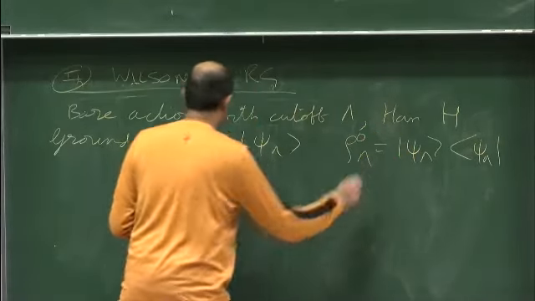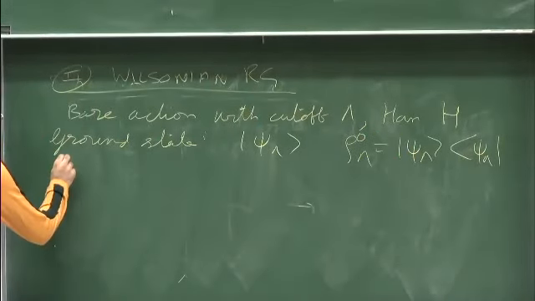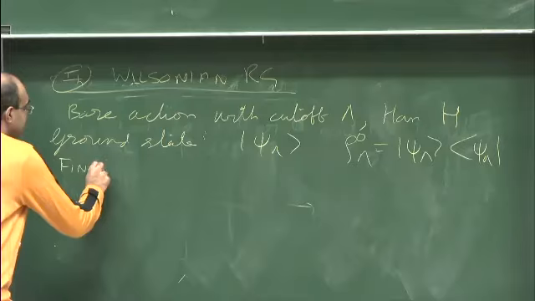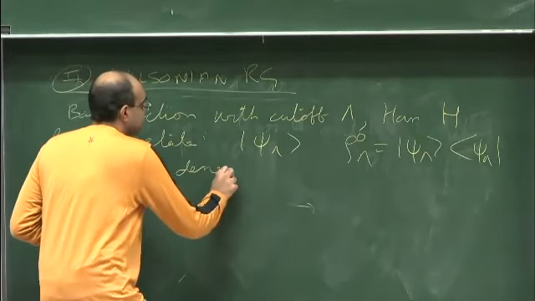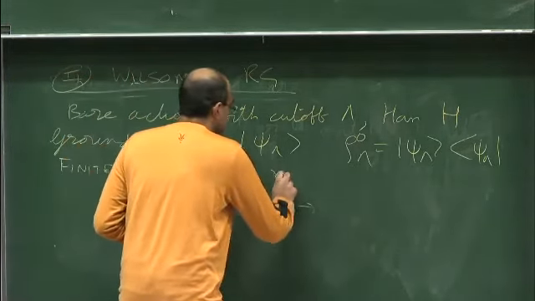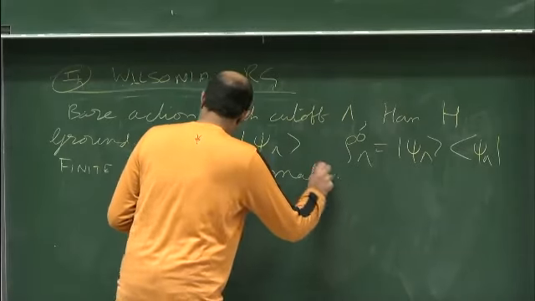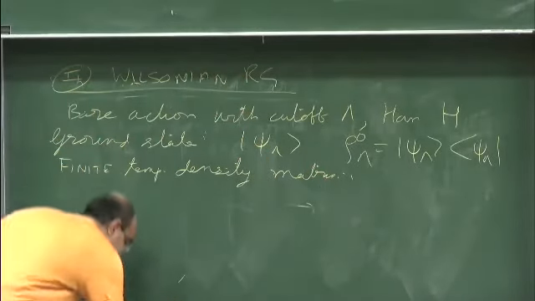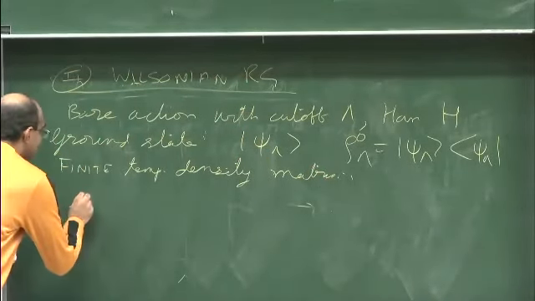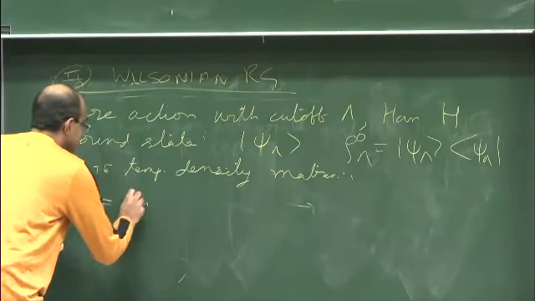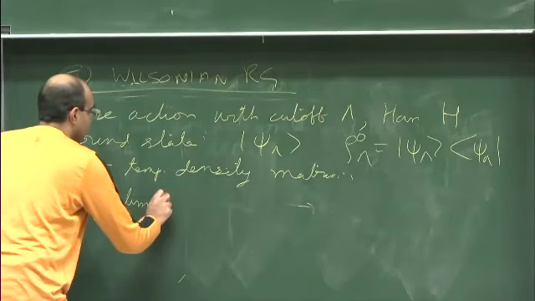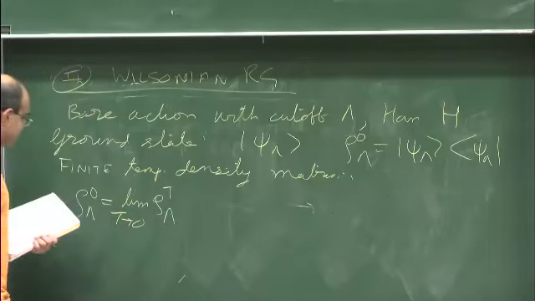Now I'm going to write down the finite temperature density matrix for the system, and you'll see why I'm doing that in a minute. I'm doing that because the zero temperature density matrix is the limit, of course, as T goes to 0 of the finite temperature density matrix.